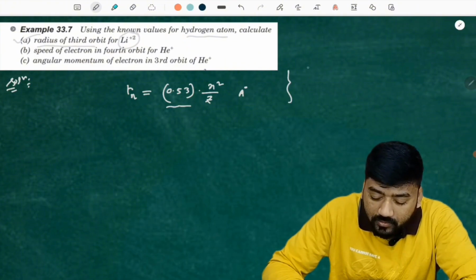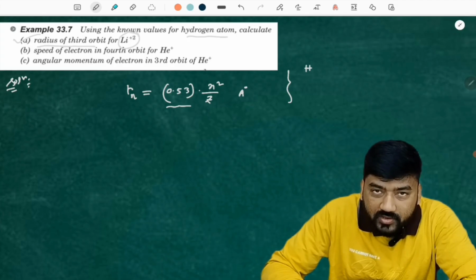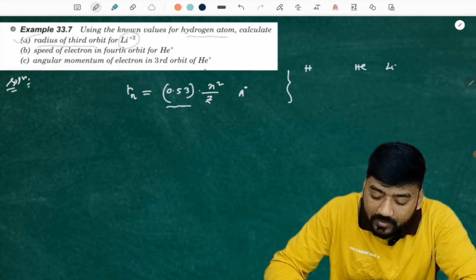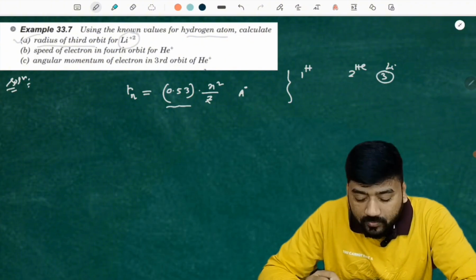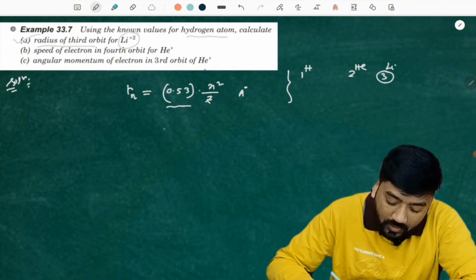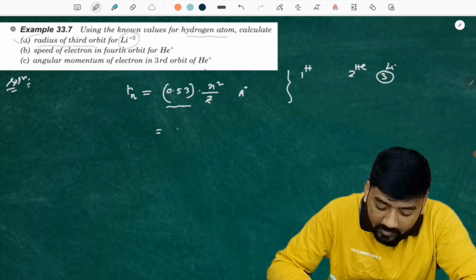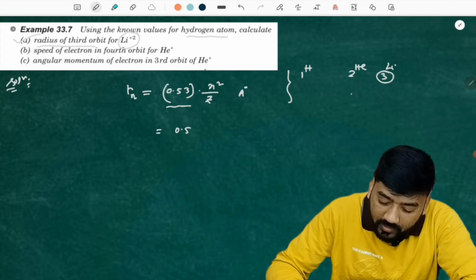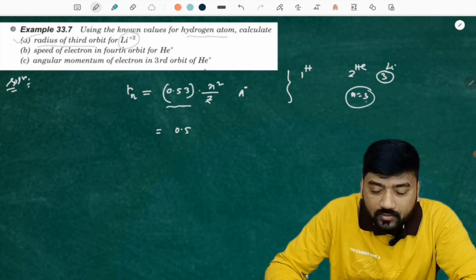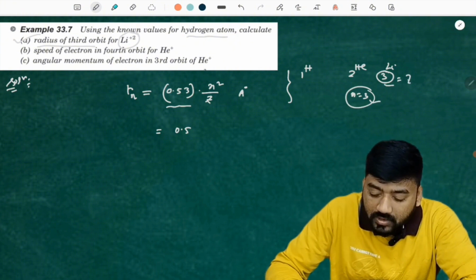You know, according to the periodic table, first comes hydrogen, then helium, then lithium. So if this is 1, this is 2, then this is 3. So its atomic number is 3. So what we have to write here, we will get 0.53, and the orbit is the third orbit, so your n is also equal to 3. So n is 3 and Z is 3, both 3.